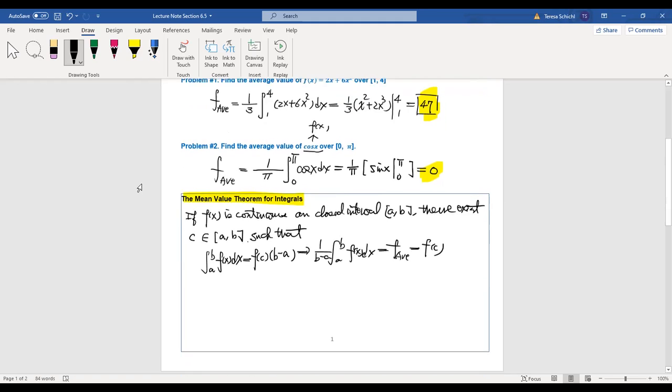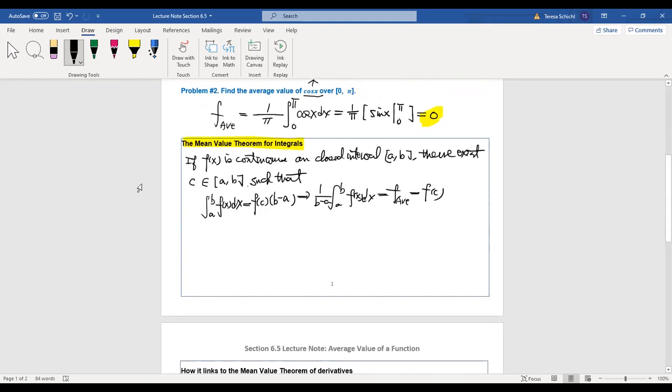So what does that mean here? Let's try to use a graph to represent that, so maybe you will get a better idea. Okay, so this is my A, this is my B here. And I have a function going like this. Let me make the function a little bit more dramatic.